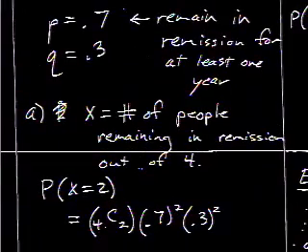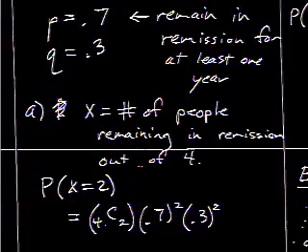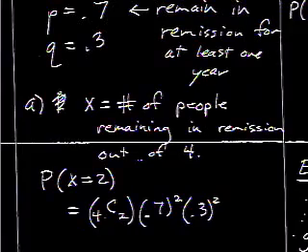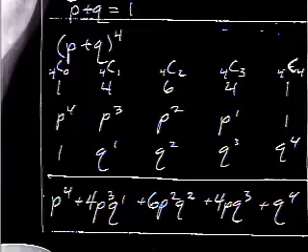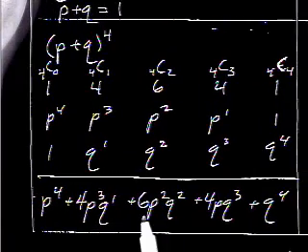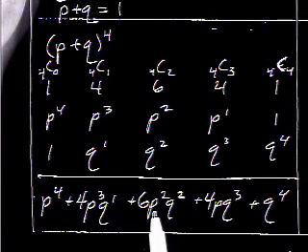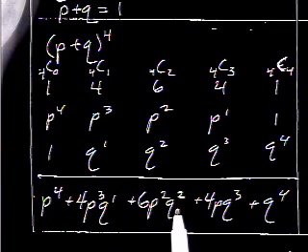I'm looking for the probability of exactly 2. So if you go back to our chart and you look at what we had here before, we're dealing with this: 2 successes, 2 failures.